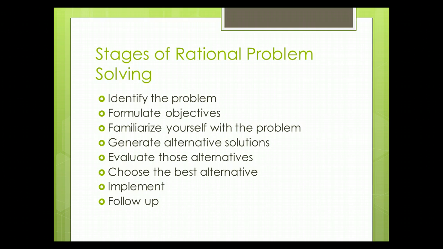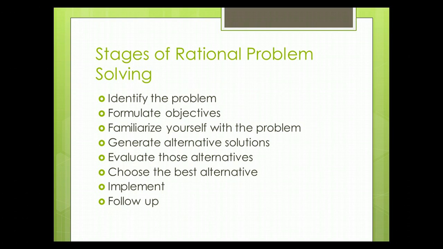We're going to look at what are all the potential outcomes, how appropriate is each of these alternatives, what are the costs and benefits of each of these alternatives, how does each of these get us closer to our goal. So we're going to evaluate each of our alternatives.